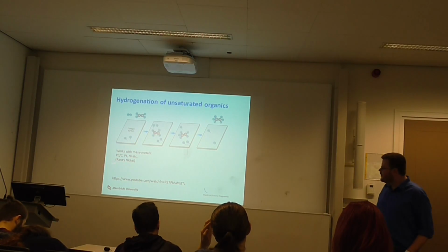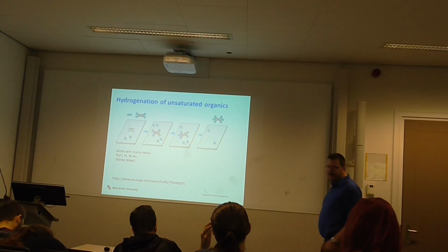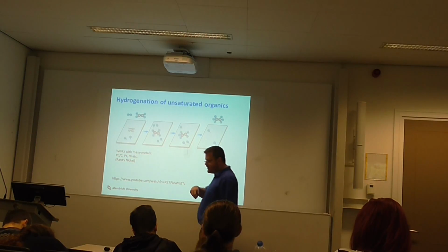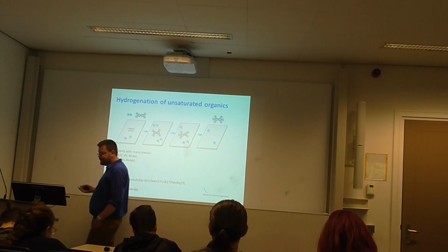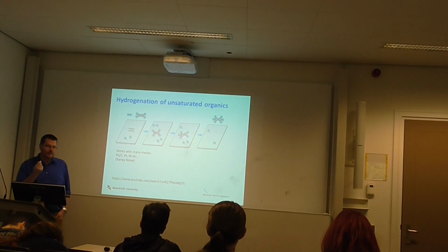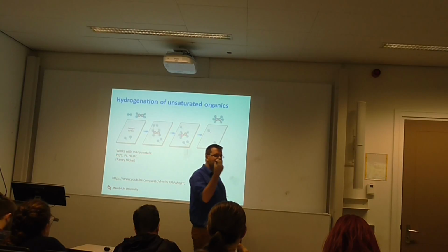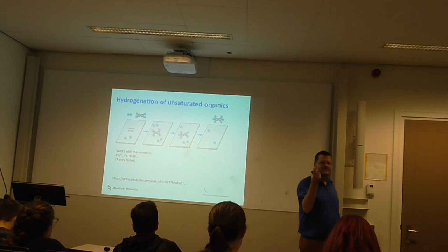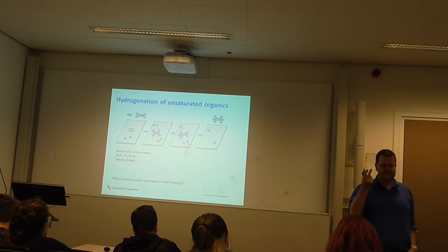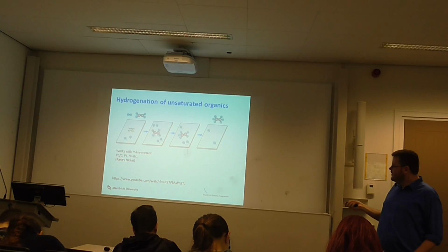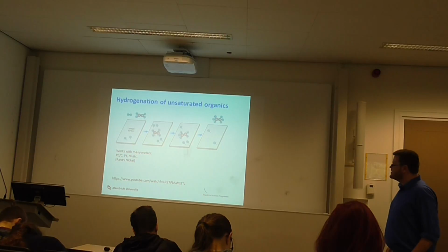What works particularly well, for example, is Raney nickel, which is basically just nickel with an extremely high surface area. I've actually worked with it, and Raney nickel has got such a high surface area that if it comes into contact with air, it starts burning. It looks like fireworks. So this stuff really hydrogenates like a bomb, but there's also other surfaces that work.